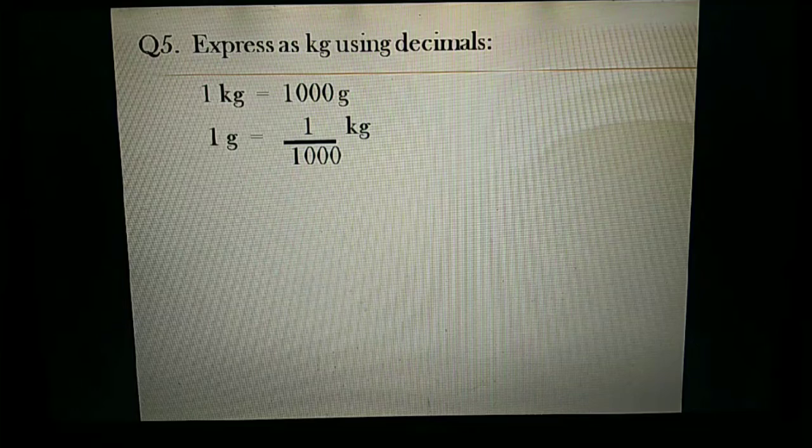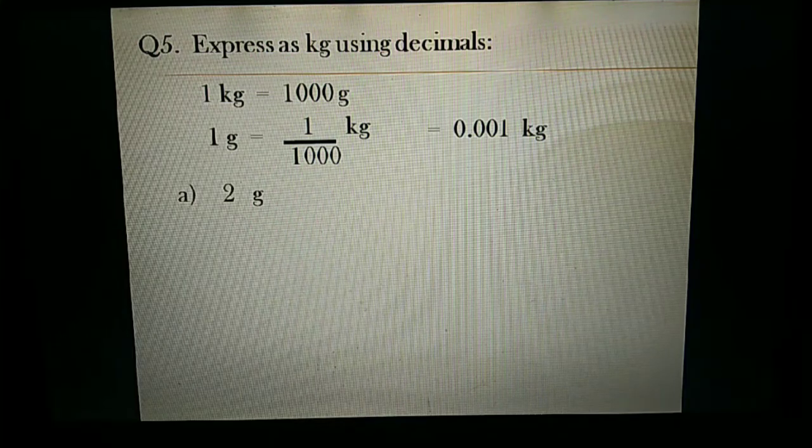Now there are 3 zeros in the denominator. So we will put a point after 3 digits from right. In decimal, you will write it as 0.001. Now it's given 2 gram.